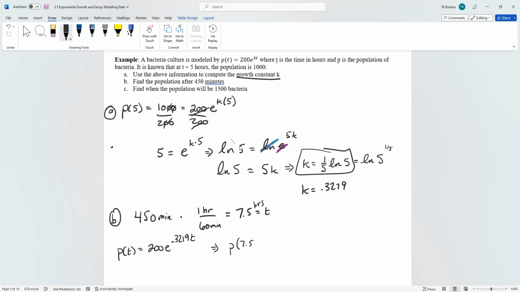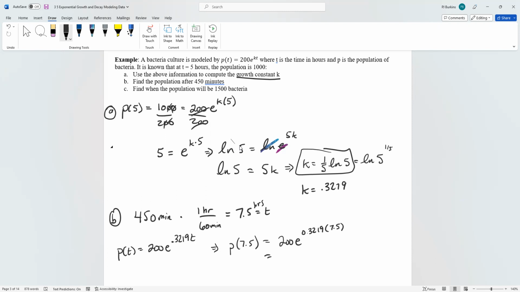So P of 7.5 hours is 200, just 200, not 2000, e to the 0.3219 times 7.5.